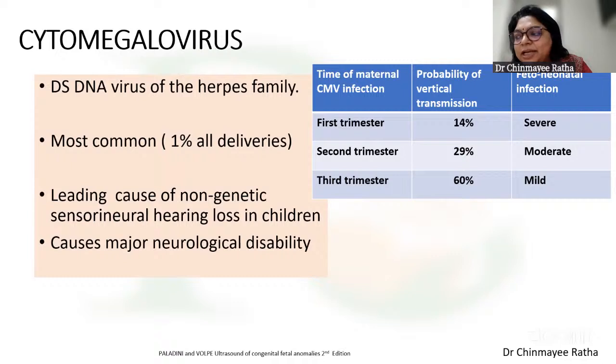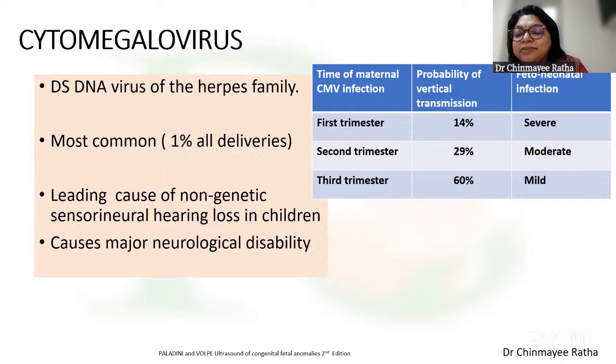If there is a child who has sensorineural hearing loss or microcephaly because of a primary CMV infection that the child acquired in the intrauterine period or postnatally, the entire workup of this child has to be done properly, so that in the next pregnancy, the mother can be reassured that this was because of infection and this is not going to happen again.